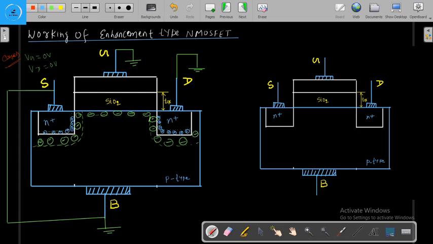And since this is the p type and this is the n type, we can also see it like this. Here exists a diode, a PN junction.